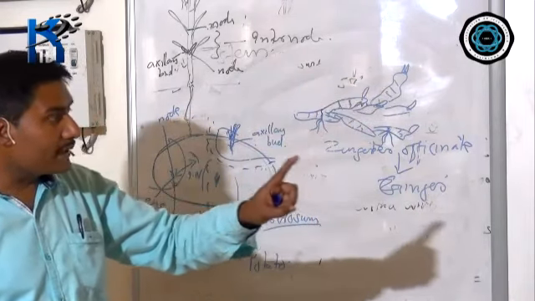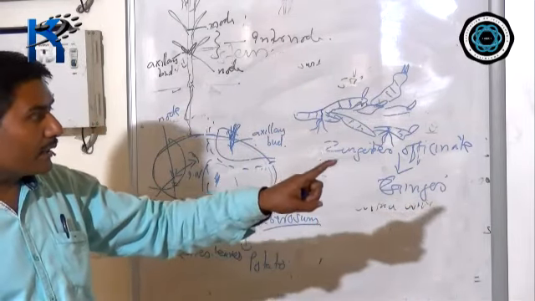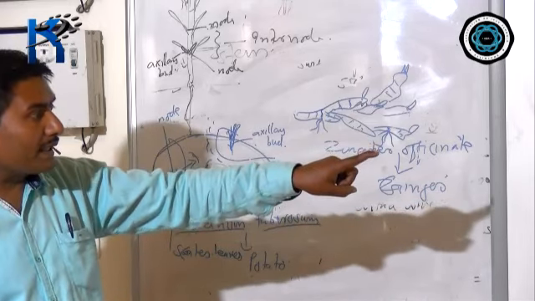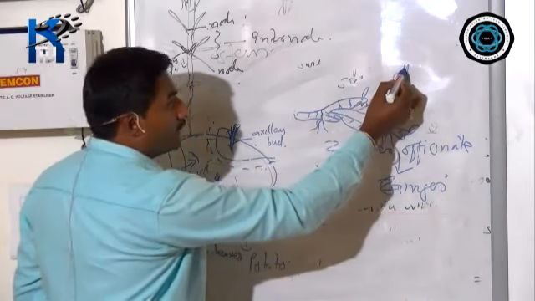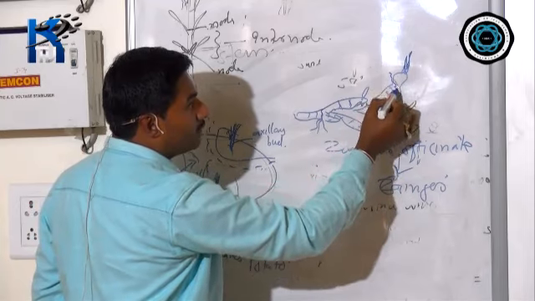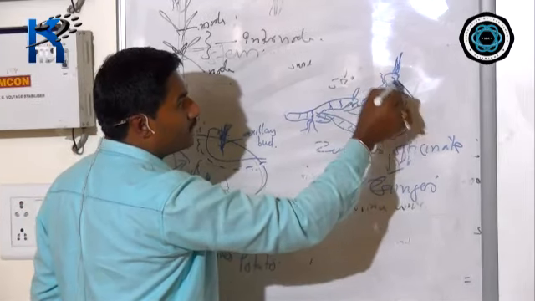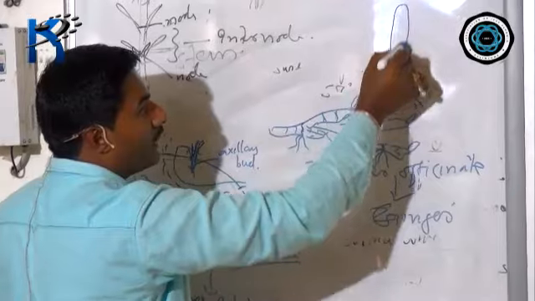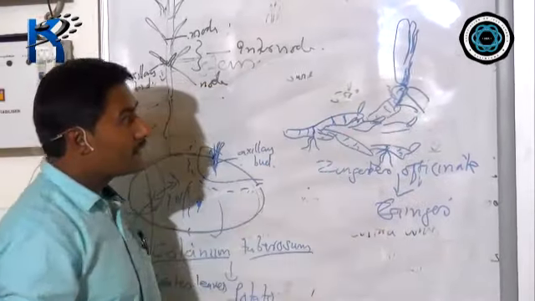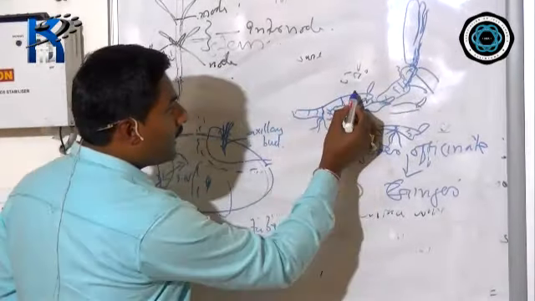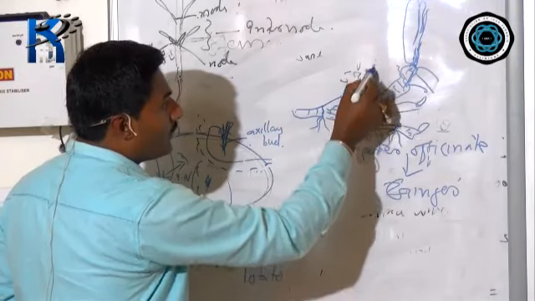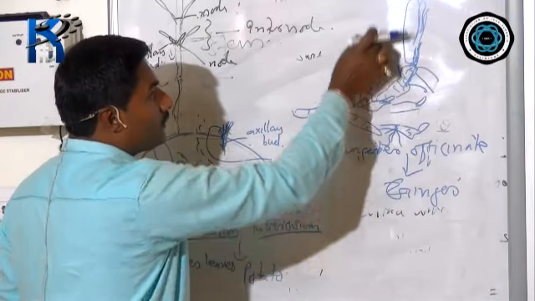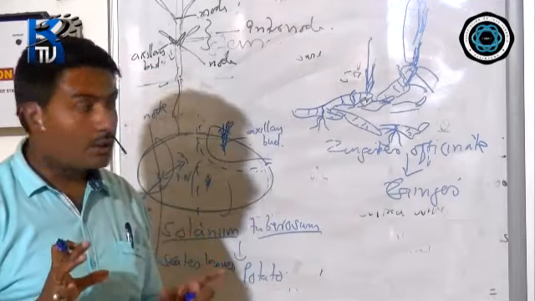This aerial shoot forms independent plants when part of the rhizome separates by natural decay. That means when this bud emerges out, this part may decay and then it grows into a new independent individual plant. If this part decays, from here the shoot emerges out, and this will grow into a new individual plant.